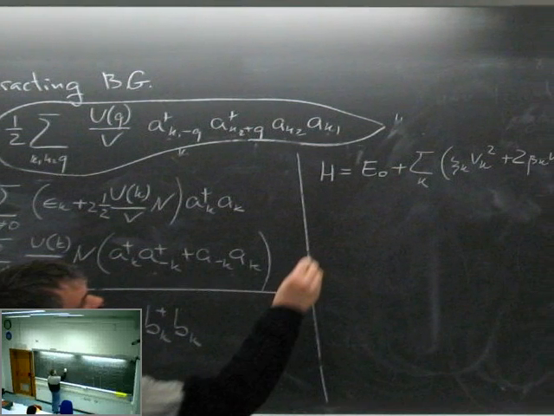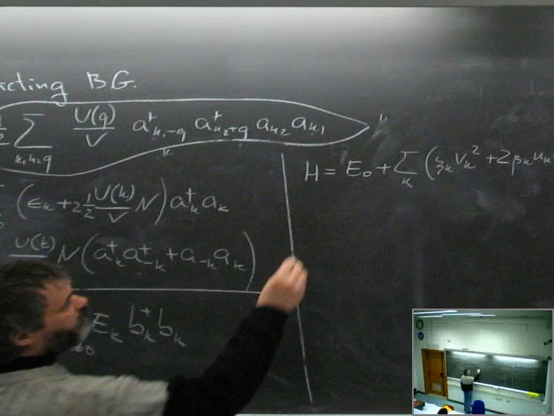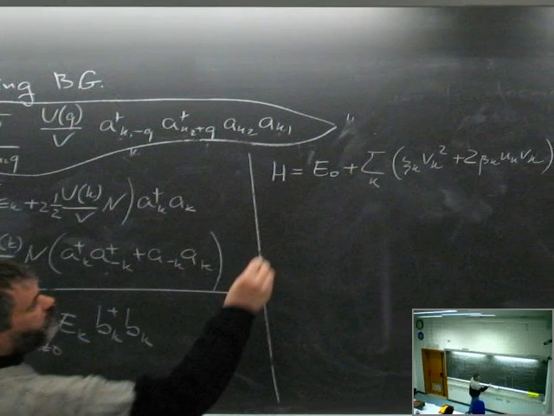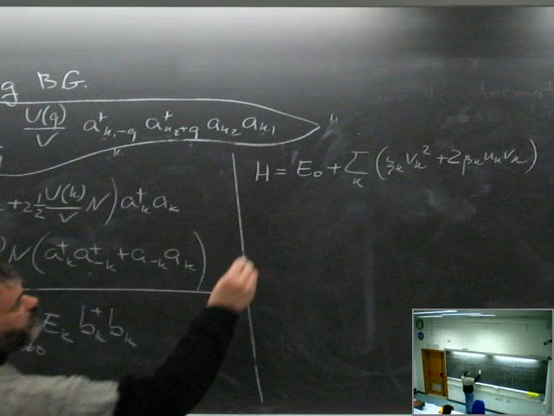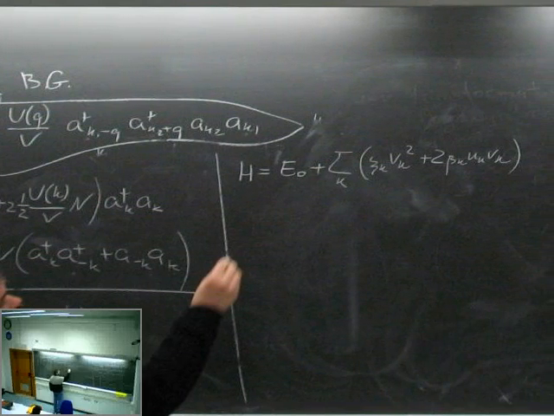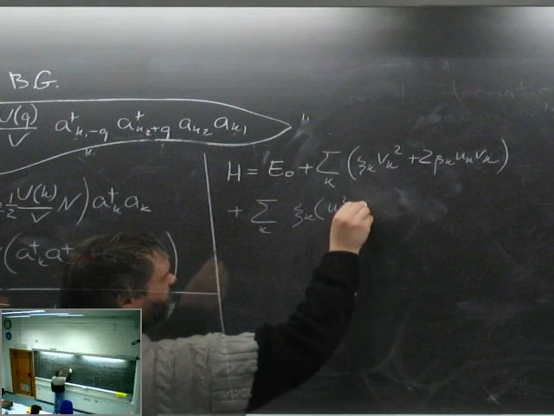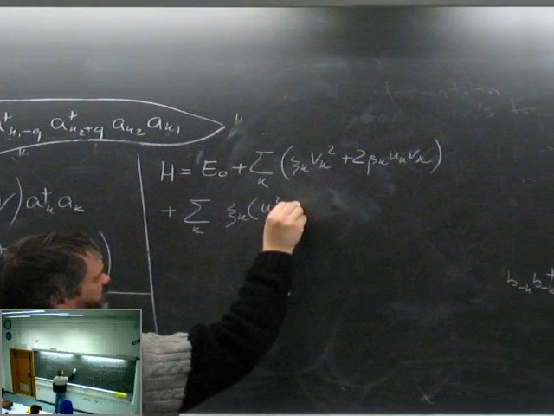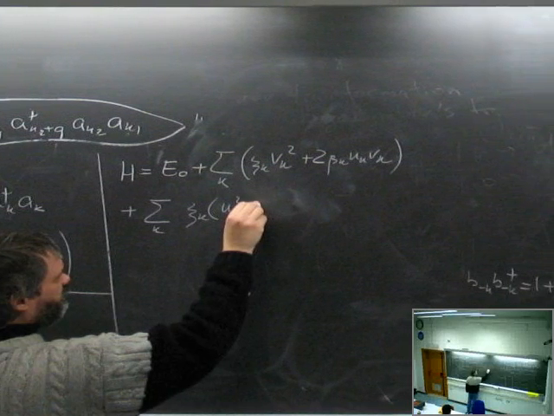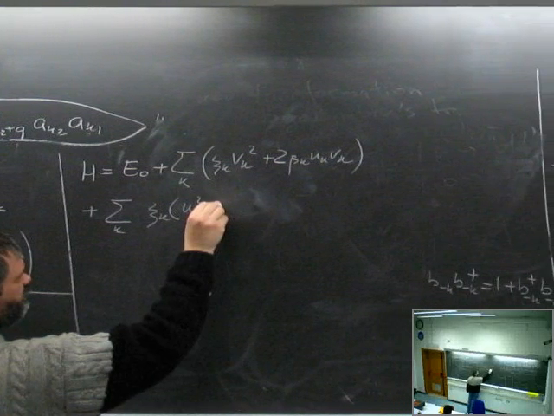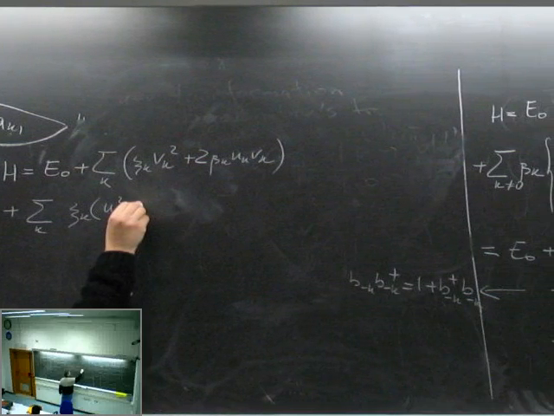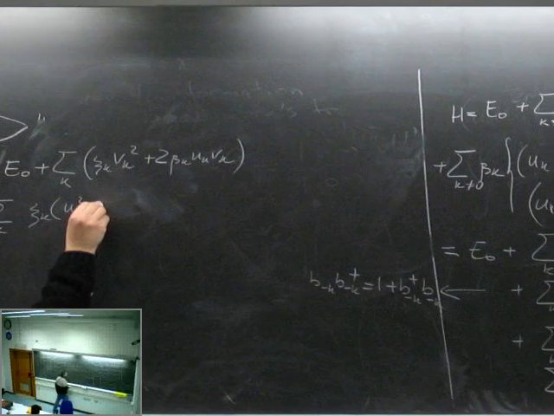So then I have sum over K. It will be psi K UK square plus VK square plus 4 times beta K UK VK times BK dagger BK.